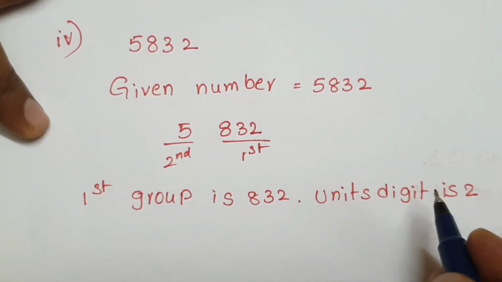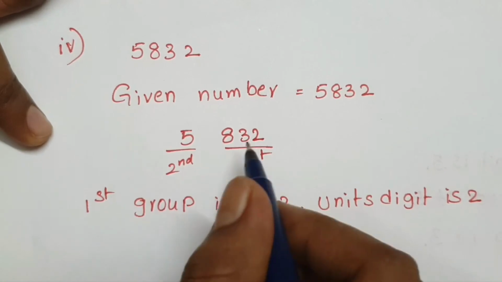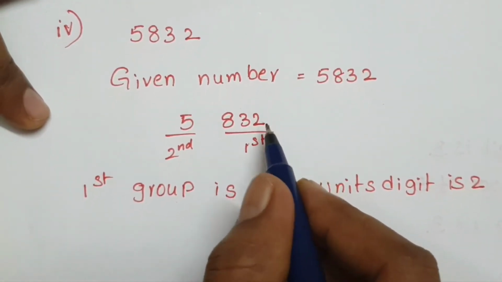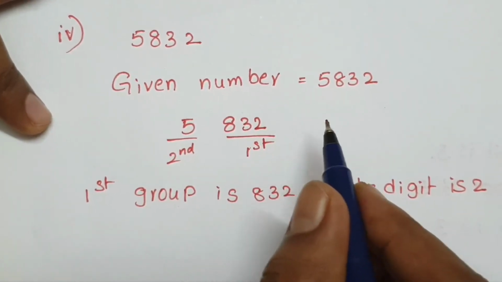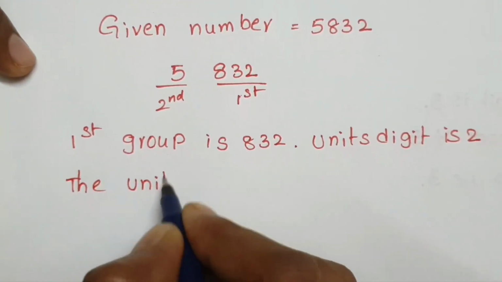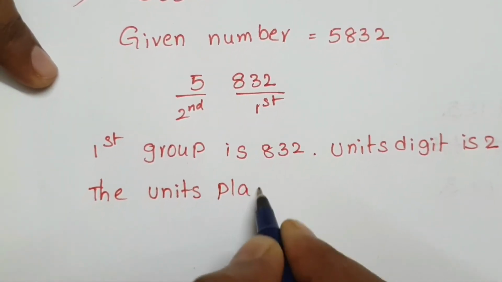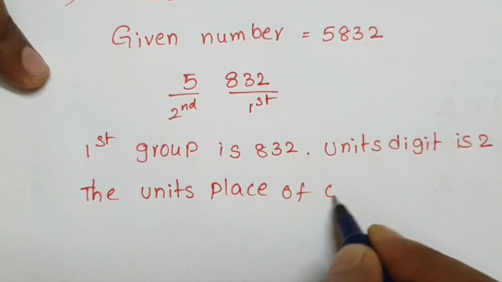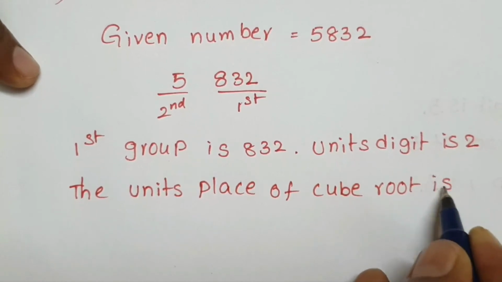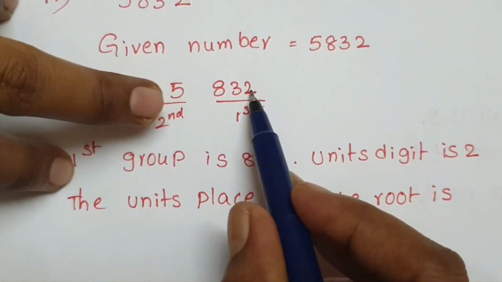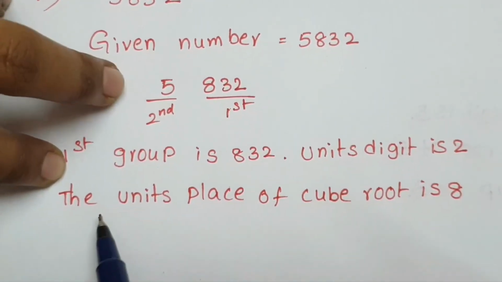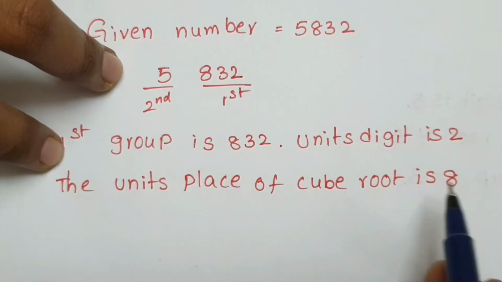The units place of the cube root is 2 cube, that is 2 into 2 into 2, which is 8. Like that, the units place of the cube root is 8.